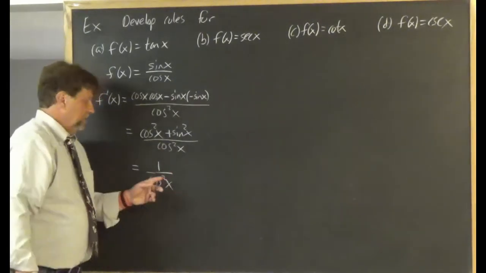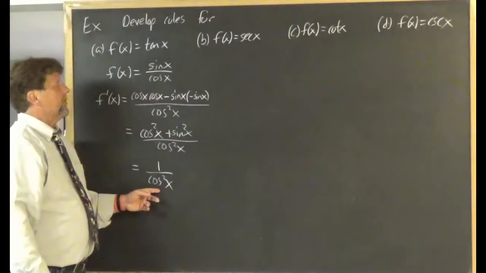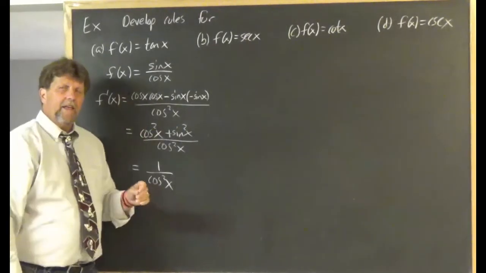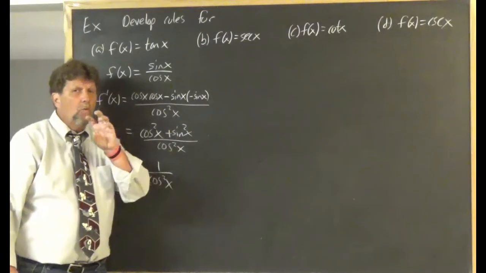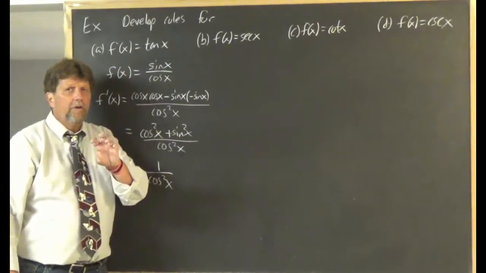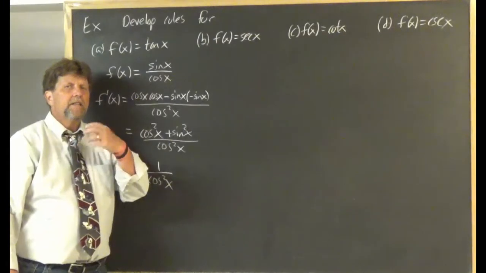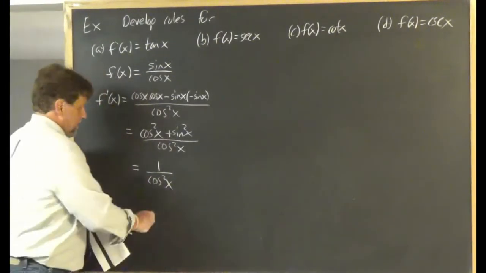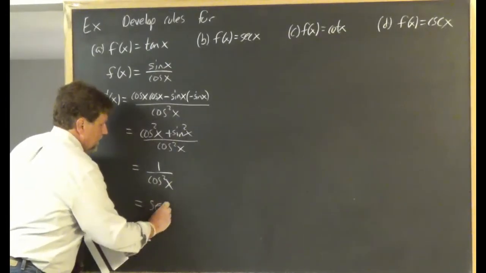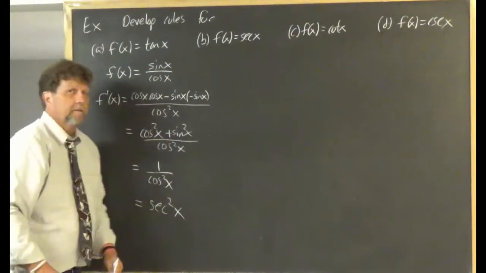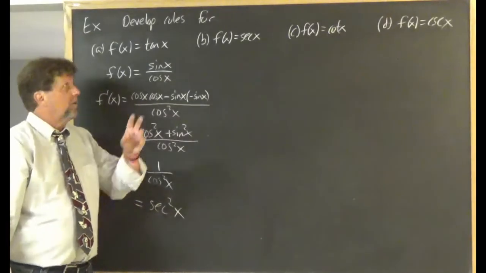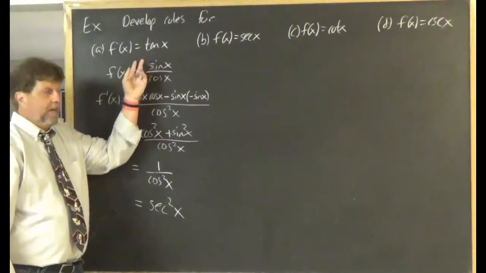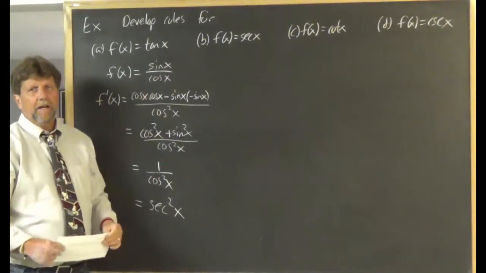So this looks like it would be a lot better to remember for the derivative of tangent x than this, but I could simplify that even more. We know 1 over cosine is secant. So 1 over cosine squared is secant squared x. And that's what we need to know. For tangent x, the derivative of tangent x is secant squared x.